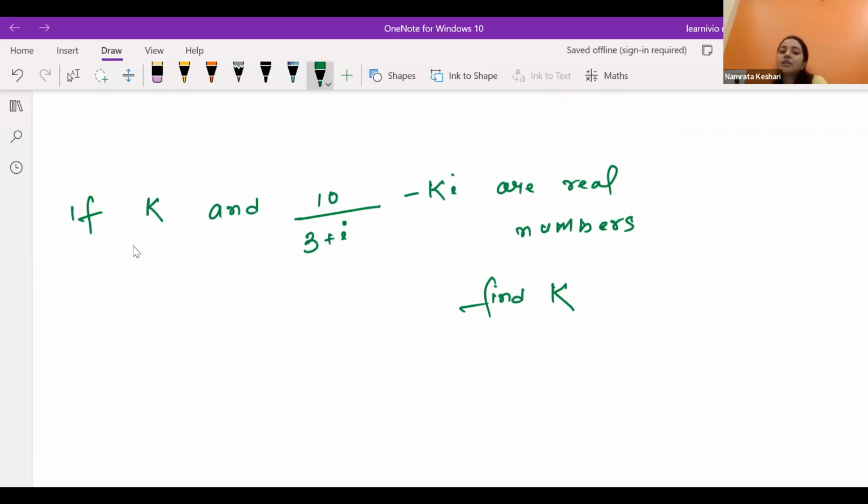Here we have to find the value of K. If this is just a real number, it's not a complex number. It looks like a complex number, but the question says no, it's not complex, it's just a real number.